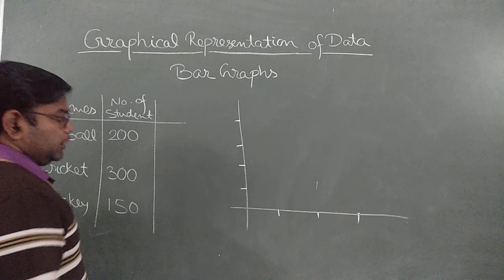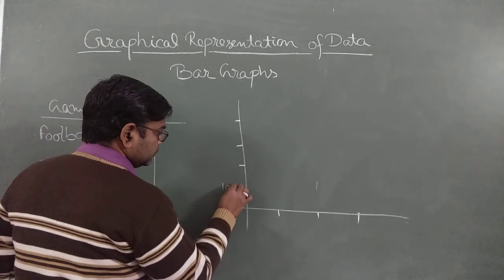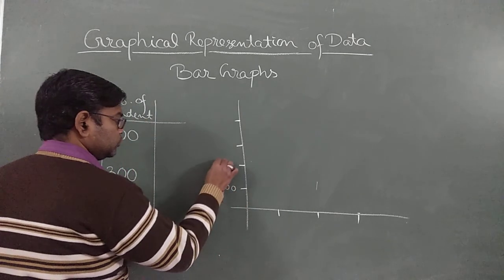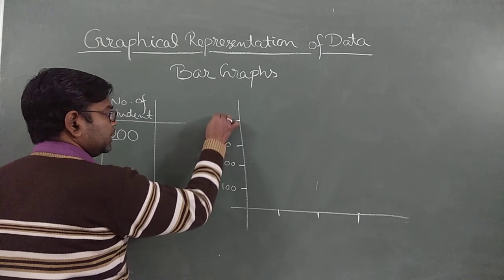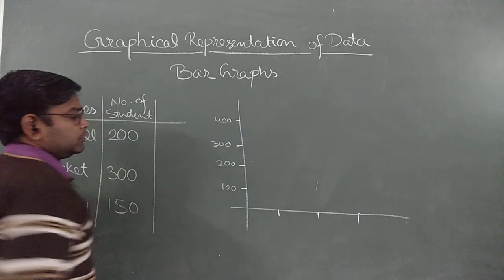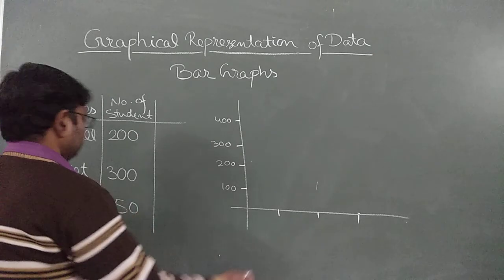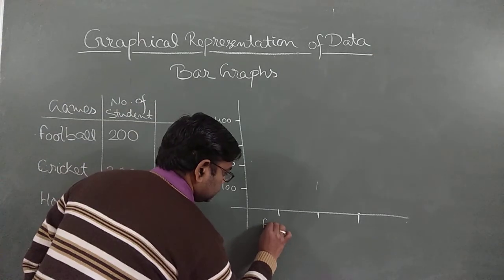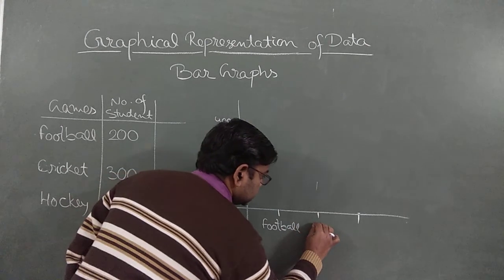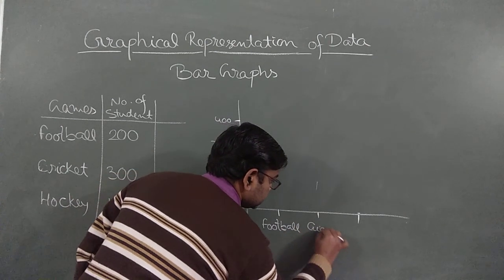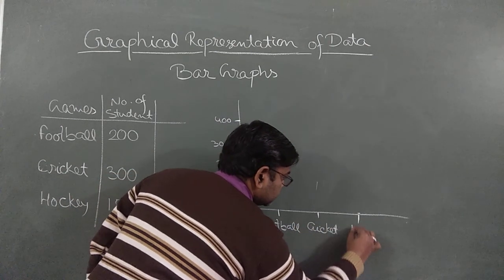Clear? It's your 100, then 200, 300, 400. And this one is for football, this is for cricket, this is for hockey.